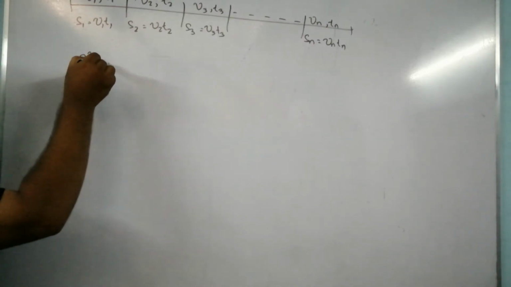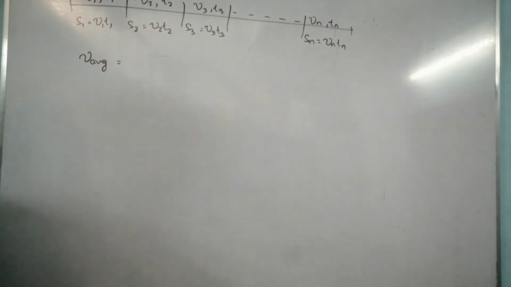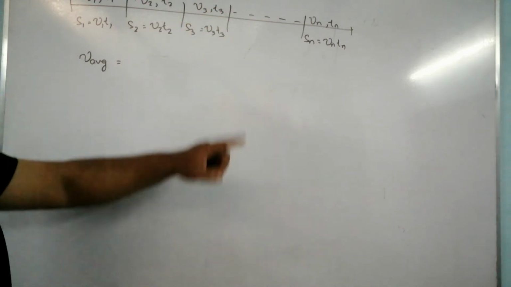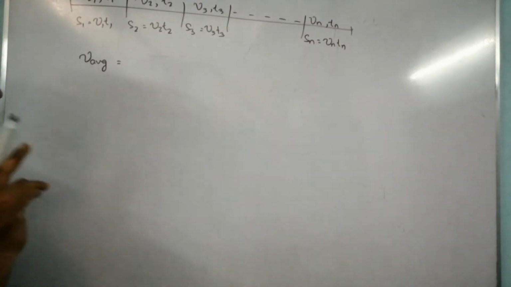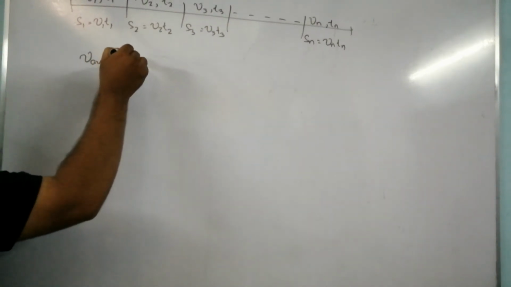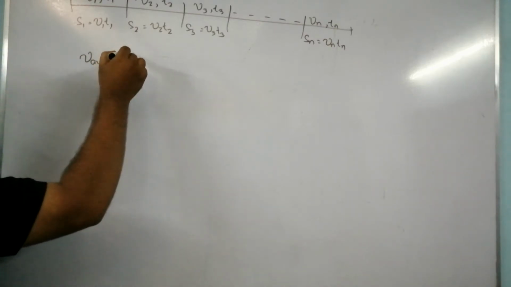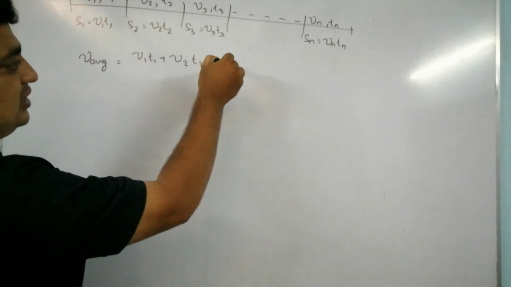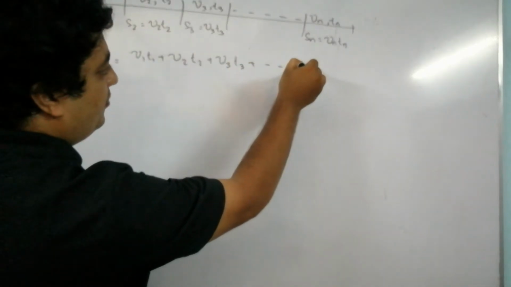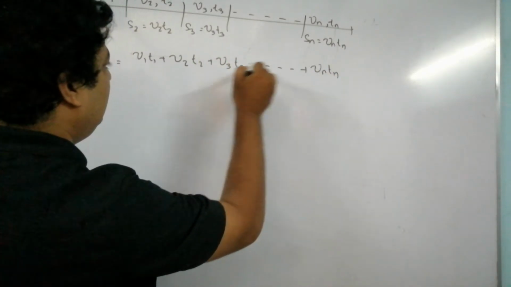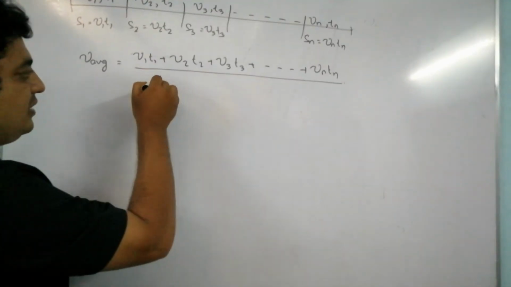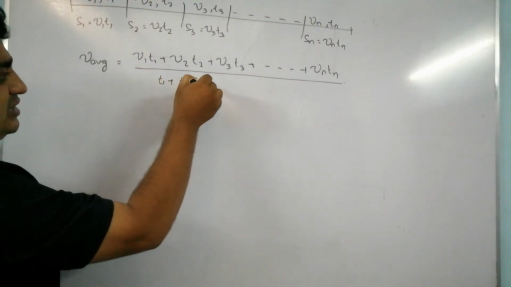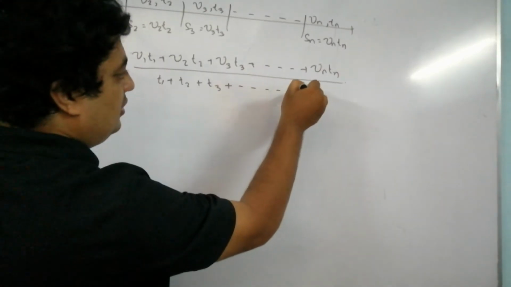Now the average speed will be s1 plus s2 plus s3 up to sn divided by t1 plus t2 plus t3 up to tn. So we can write it will be v1 t1 plus v2 t2 plus v3 t3 up to vn tn divided by t1 plus t2 plus t3 up to tn.